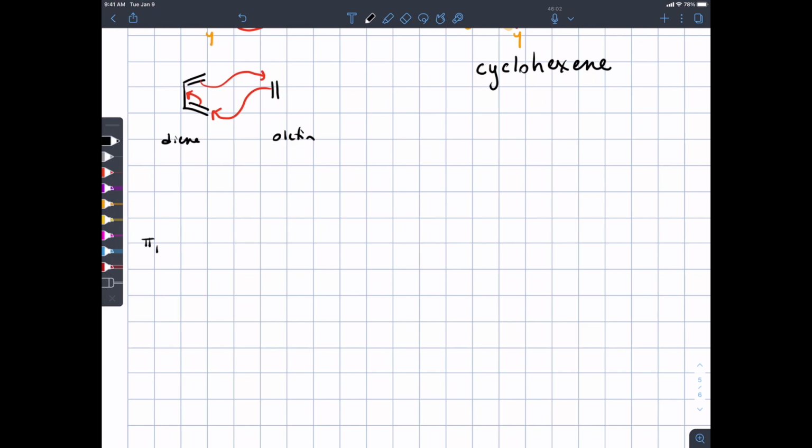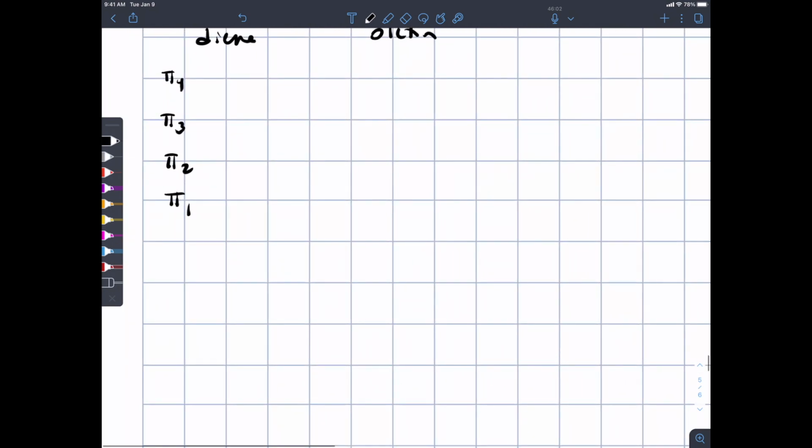So the diene, we have pi 1, pi 2, pi 3, and pi 4. Remember that we drew the pi 1 orbitals with all the shading in the same direction. The pi 2 has one node between atoms 2 and 3. The pi 3 has a node between 1 and 2, and then another node between 3 and 4.